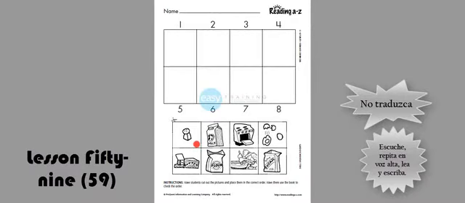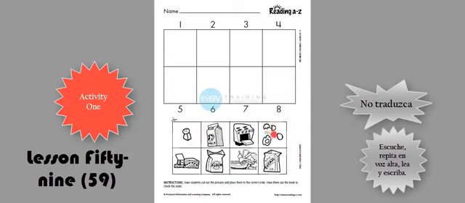Well, there are 3 activities in this lesson, and this is activity number 1. You can see there are some pictures, 8 pictures, and you and I should place these pictures in the correct order here in the boxes to describe the steps the girl and her dad take to make cookies.